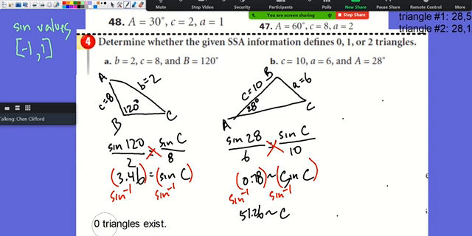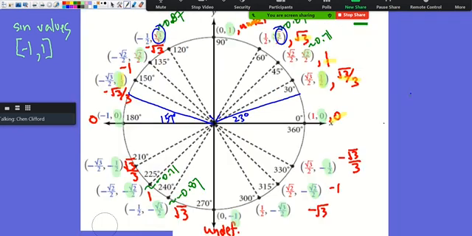Now remember, 51.26 roughly lands us here.